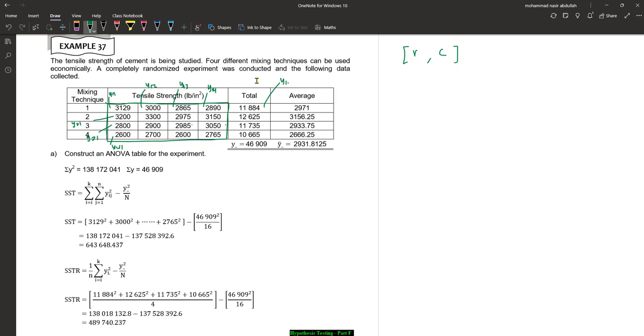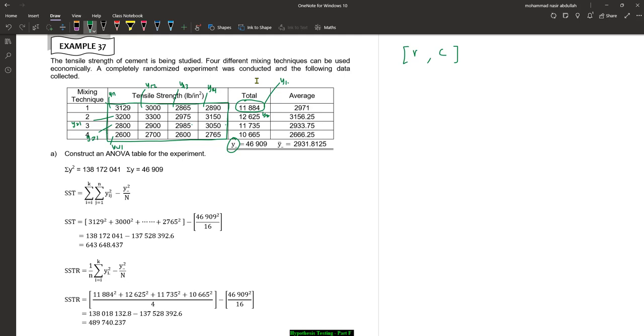The first one represents the row. Y1 dot means the total of the first row, the first group. This is Y2 dot and so on. Y dot dot means the total of all observations. So this is the average.